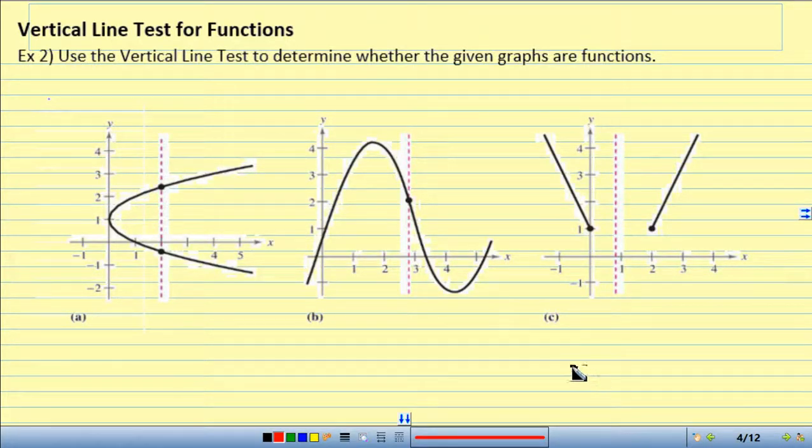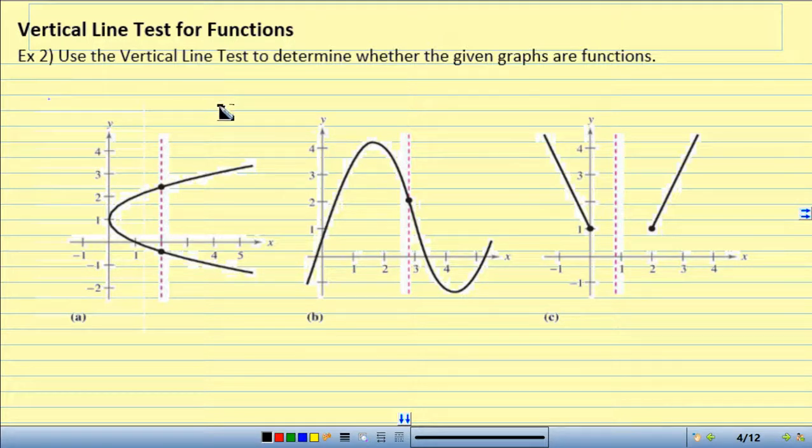So, next thing I want to teach you is the vertical line test for a function. Now, the rule with the vertical line test is very simple. If you make a vertical line on any graph and it crosses that graph twice, it's not a function.